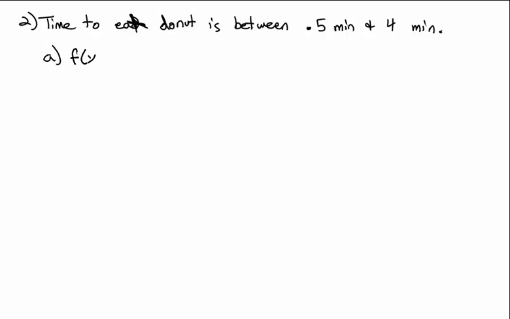Then f of x, our distribution function, is going to be 1 over b minus a. Remember, b is the maximum, a is the minimum. So 1 over 4 minus 0.5, the function is 1 over 3.5.